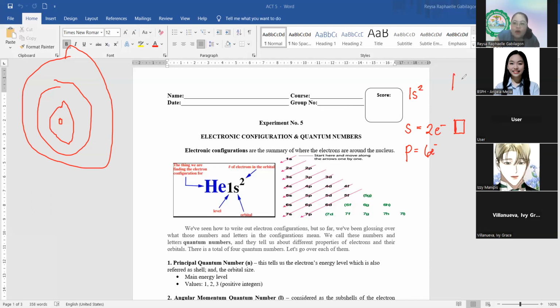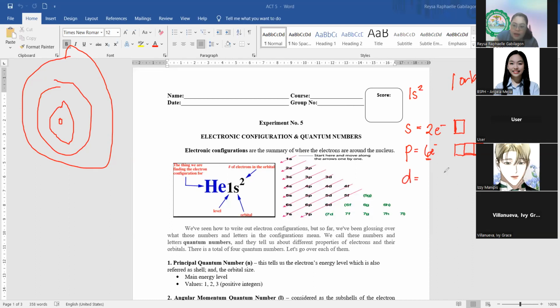So, ang isang orbital class can accommodate 2 electrons. So, since isang orbital lang si S, dalawang electrons lang talaga. Now, for the P subshell, meron kasi siyang tatlong orbitals. So again, each orbital can accommodate 2. That is why that's a total of 6 electrons.